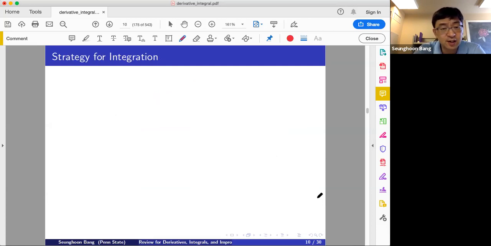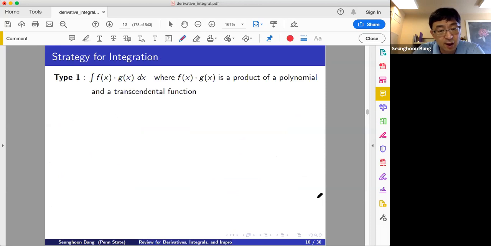The strategy for integration, what's that? Type 1: the integral of f of x times g of x dx is given. If f of x times g of x is a product of a polynomial and a transcendental function, or two transcendental functions, you can use integration by parts.